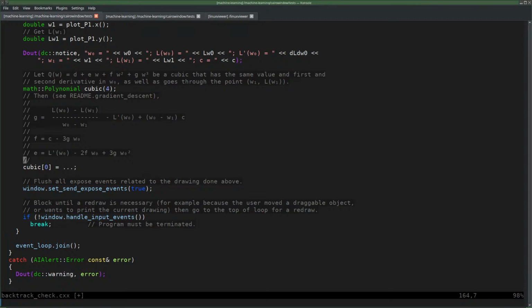I guess in order to draw the cubic, I also have to calculate d. But let's start with these.